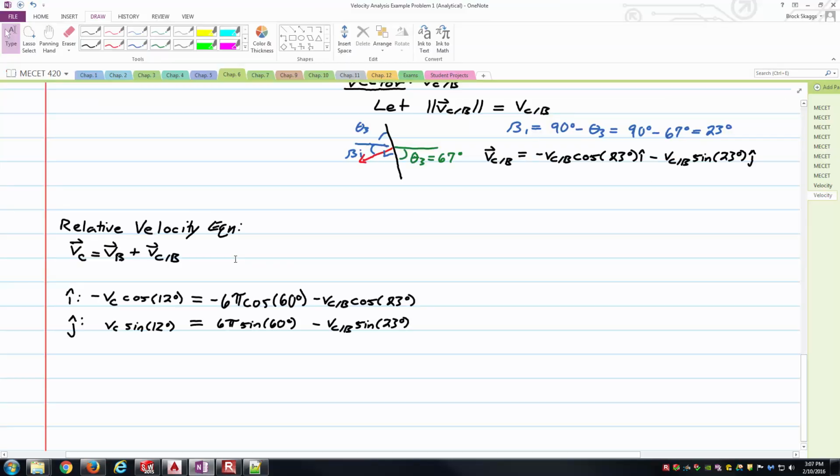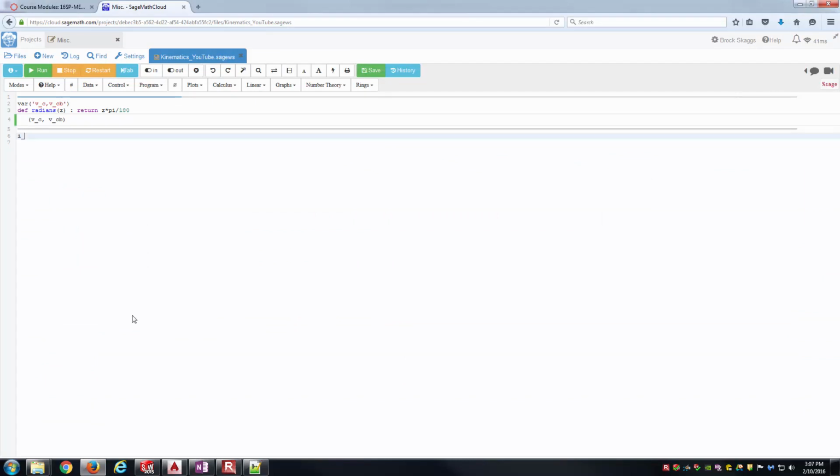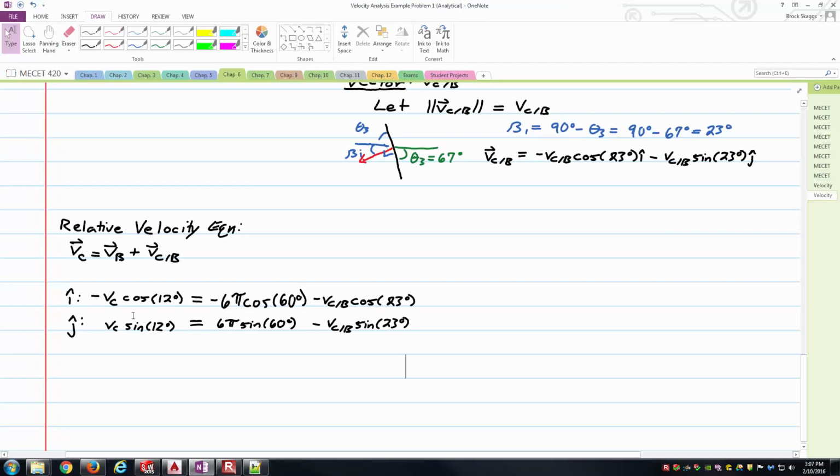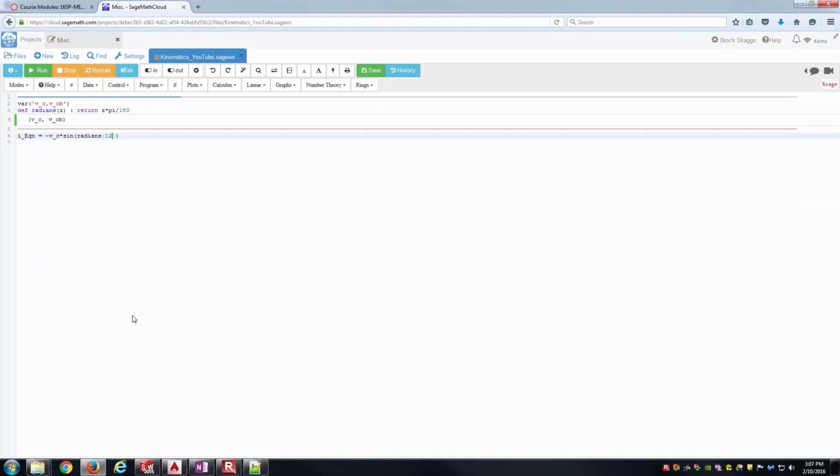At this point, I need to basically store my I and J equations, and so I'll just say I underscore equation, EQN for short, and I'll just type out the equation at this point. So I've got negative V underscore C times the sine, and remember I've got to wrap it in radians, so the sine of the radians of 12, because it's really the sine of 12 degrees.